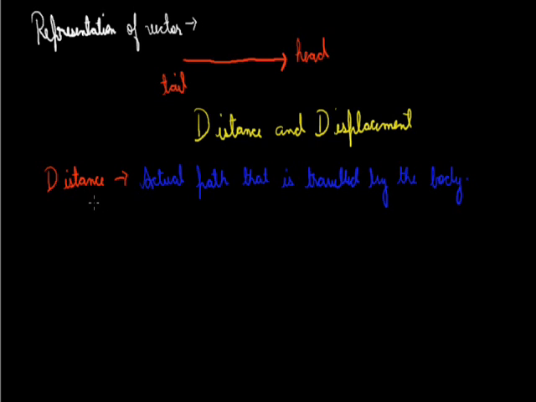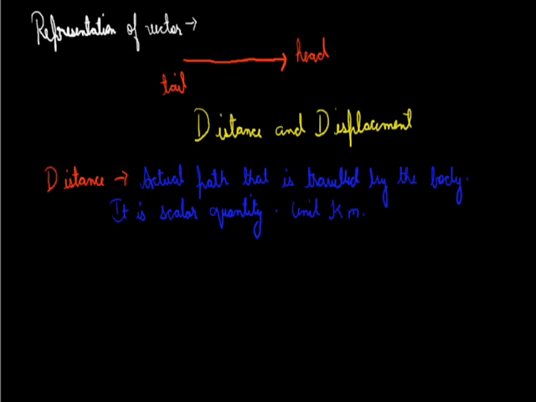Distance is a scalar quantity. Being a scalar quantity, it only depends on the value or magnitude. It is independent of direction. And its SI unit is kilometers.